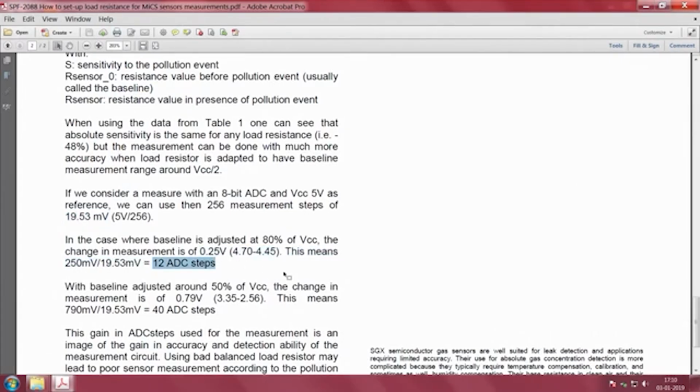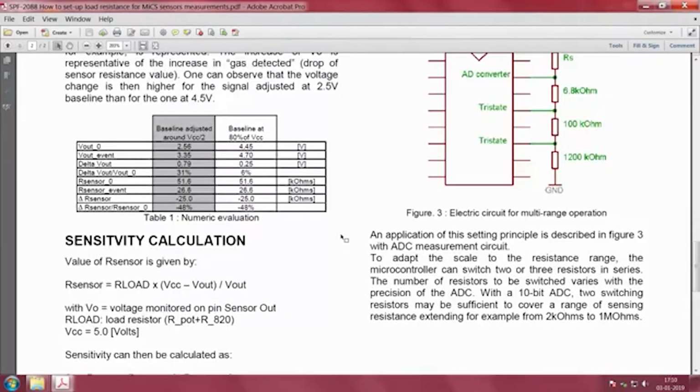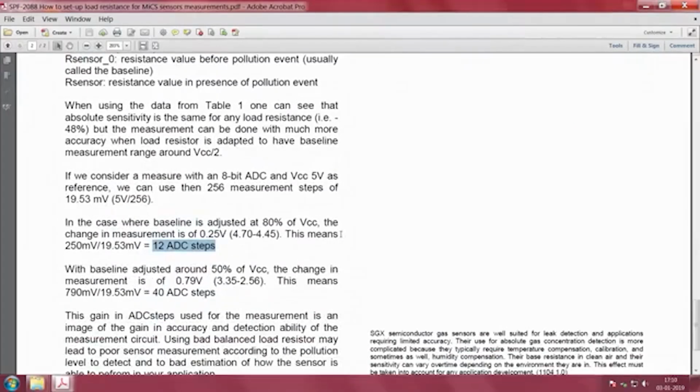That is pretty obvious, because you are already there, 4.70 to 4.45. So you will only get about 12 steps. Obviously if you are much higher, closer to the rail, closer to the power supply voltage, you can't get much range to play with, and therefore you will get only 12 ADC steps.